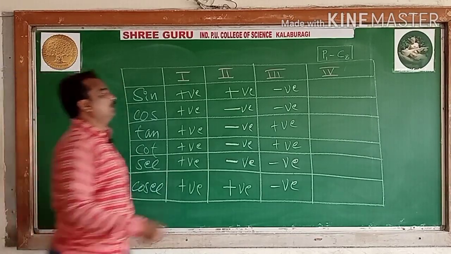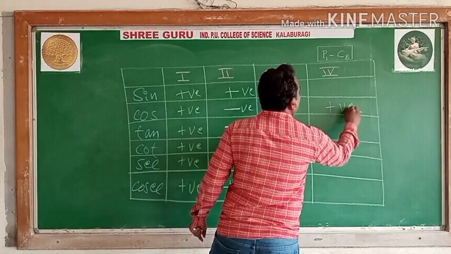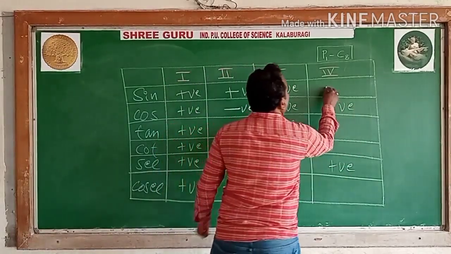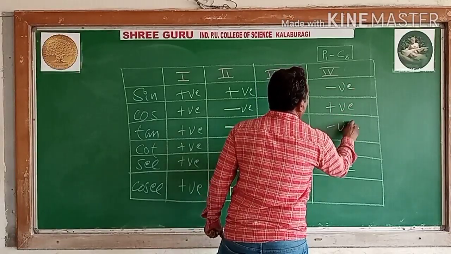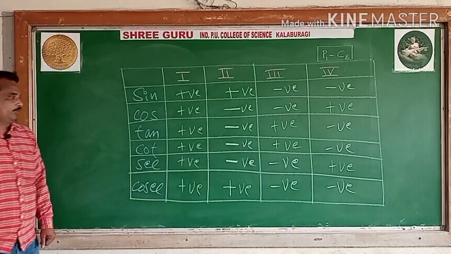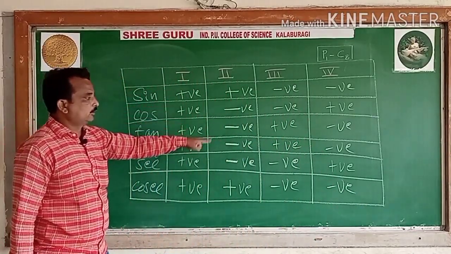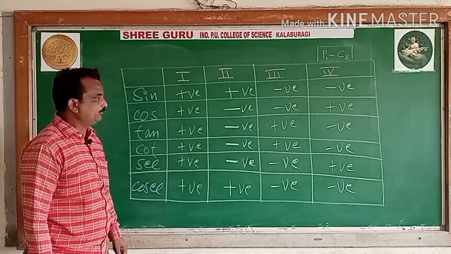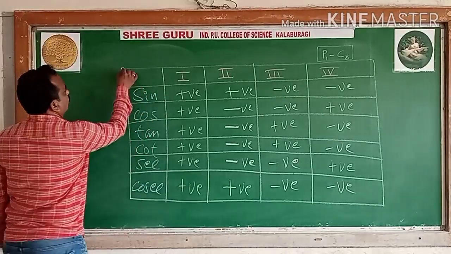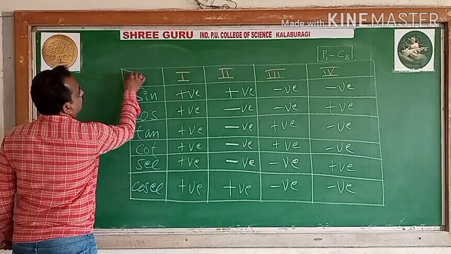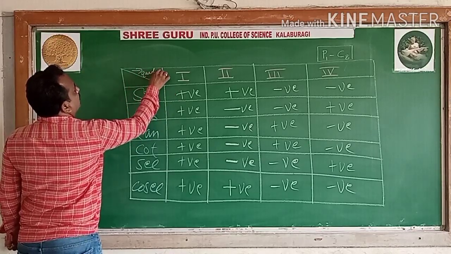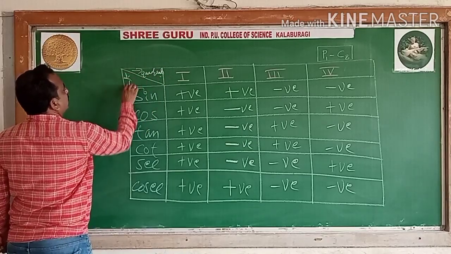In the fourth quadrant, cos and the reciprocal of cos, secant, are positive, remaining all are negative. So this is about the sign of the functions, friends. You should remember this chart. You may write it and practice it 2 or 3 times at home, and you will come to know the sign of the trigonometric functions. Quadrants and functions.